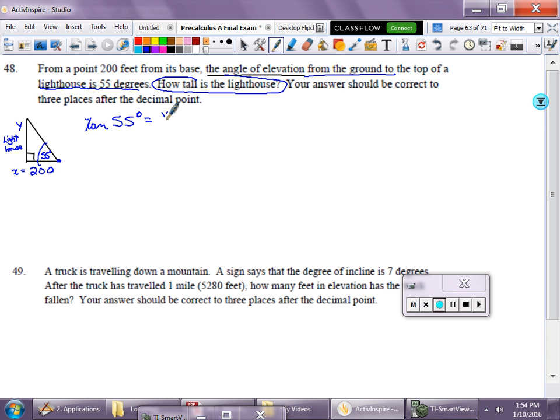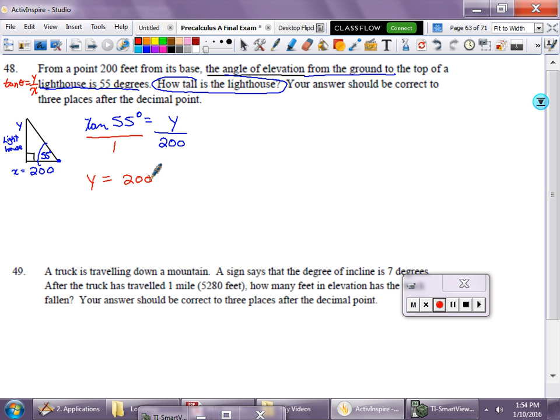Note that the tangent of an angle is equal to y over x. That ratio is y, our unknown, over x, which is 200. This becomes your proportion. Cross multiply, y is equal to 200 times tangent of 55.